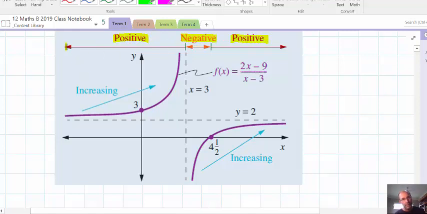Put all of that together and you are to draw a sketch by hand, and a good answer will have some of these justifications from above on it.